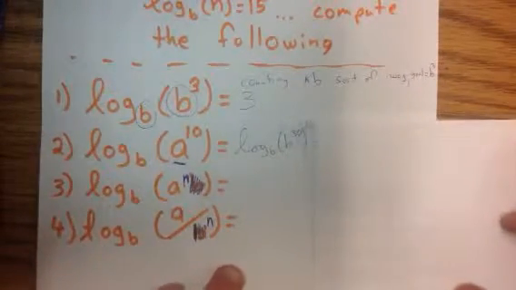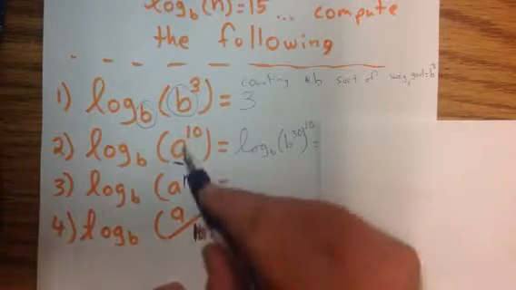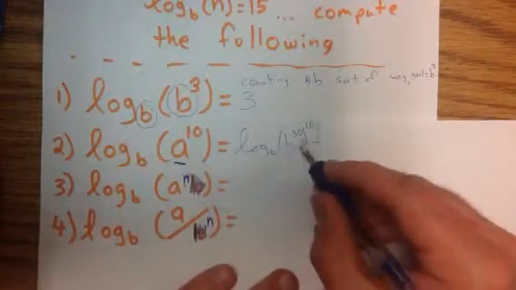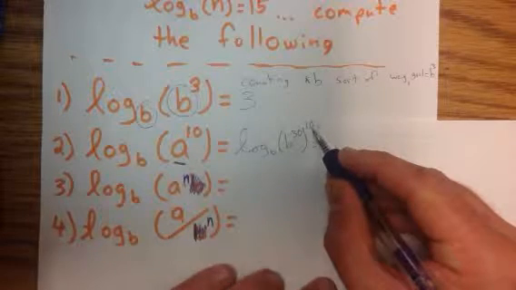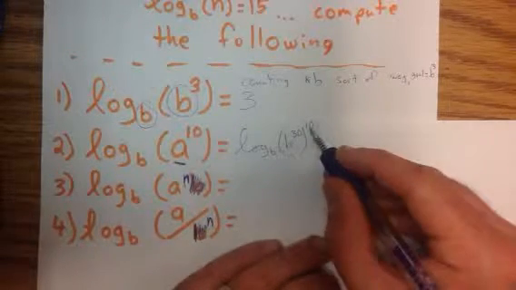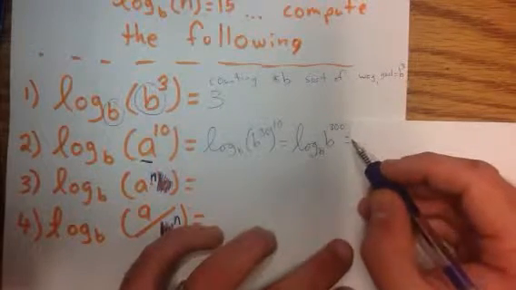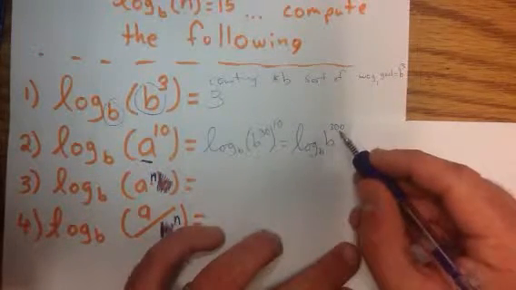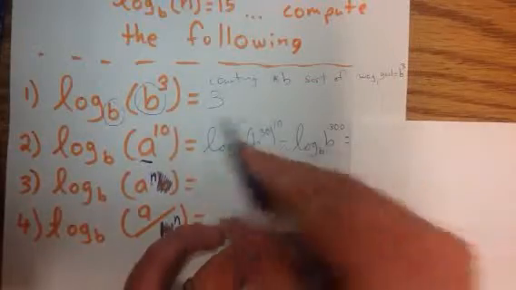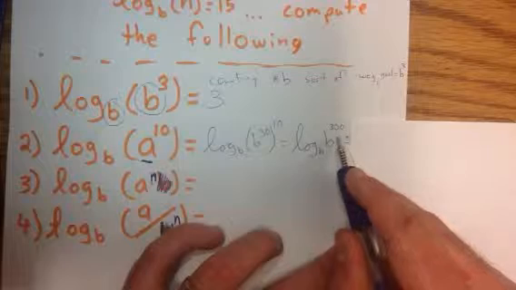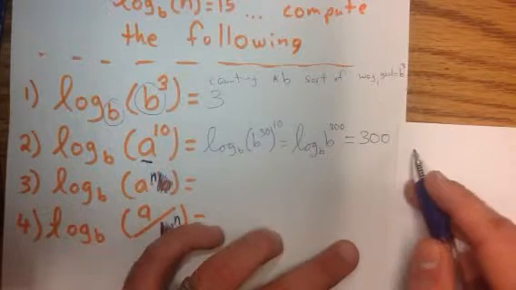So first, we're going to substitute b to the 30th in for a. Now b to the 30th to the 10th power, a power to a power multiplies the exponents, giving us log base b of b to the 300th. This is no different than the first problem, except the number is slightly changed. So the answer is 300.